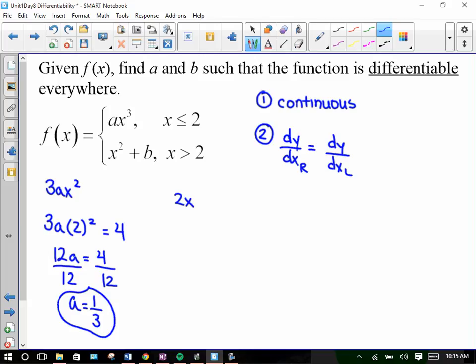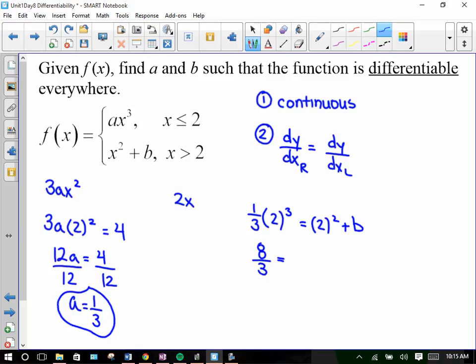So what I know here is that 1/3 times 2 cubed is equal to x squared, which is just 2 squared, plus b. 2 cubed times 1/3 is going to be 8/3.